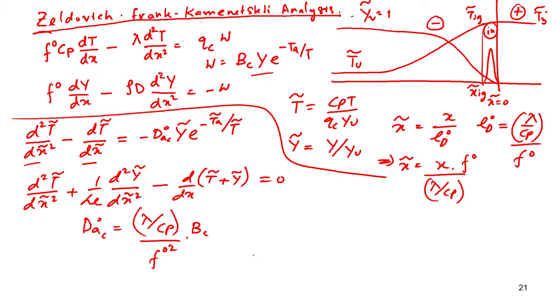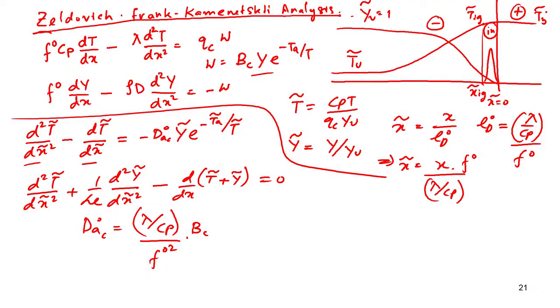All right. Now with this we can proceed, and first what we will do is integrate this equation in 3 different zones. We will integrate the equation in the minus zone, in the plus zone, and in the inner zone.